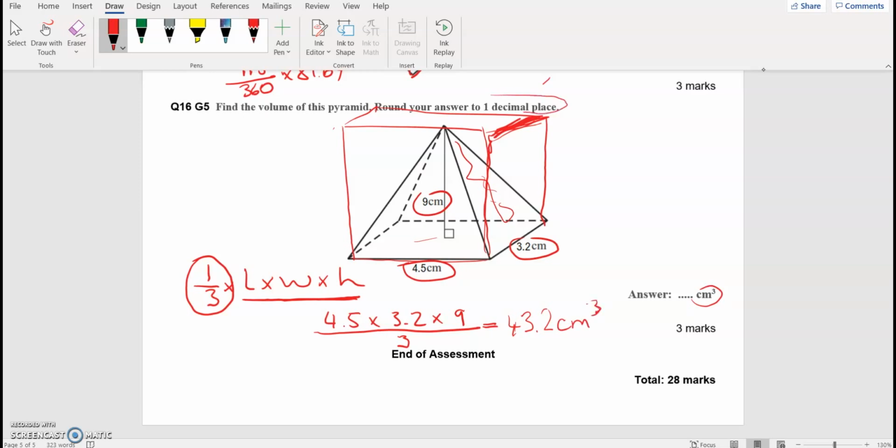We were asked to write this to 1 decimal place, and it is already to 1 decimal place.